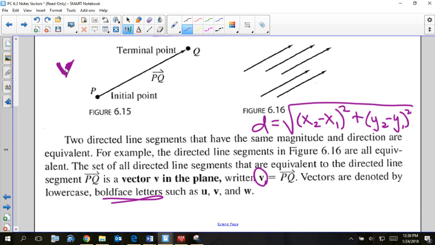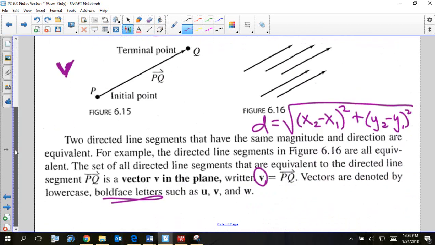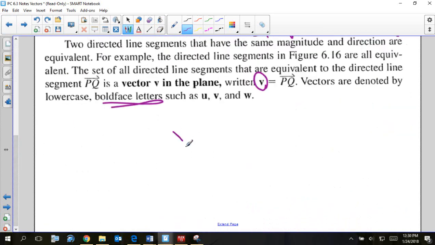Because you can't do control B. It's just a different way that you're going to see the vectors written. So either one letter that's lowercase and just bold, or you could write it using the 2 points that make the vector in order from start to finish. So that's just 2 different ways of writing it.